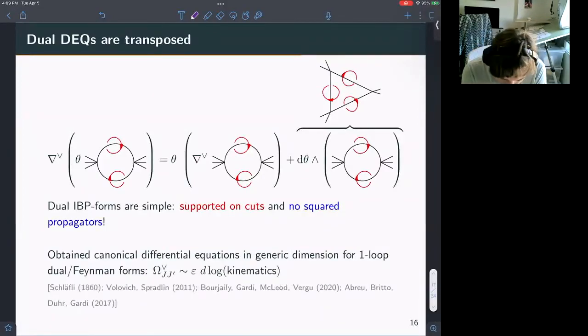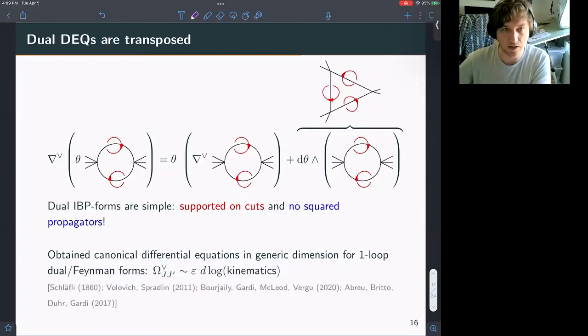So just a quick note on why the dual differential equations are transposed, at least some intuition for why this happens. Normally, if I took a box and took its derivative, once I simplify it, it's going to have something proportional to itself, plus something proportional to a triangle, plus something proportional to a bubble.